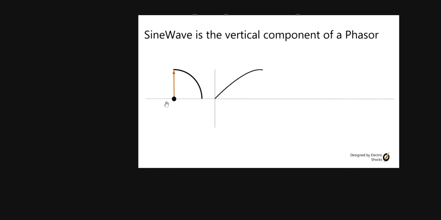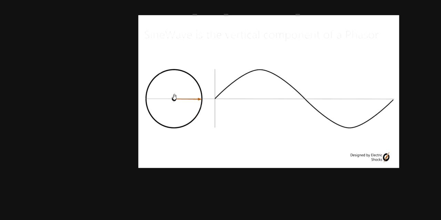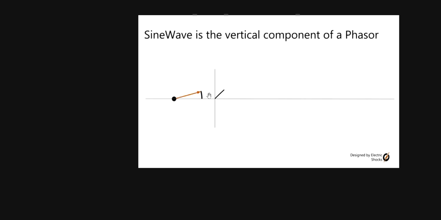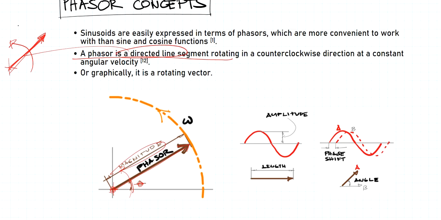So you can see here we have a fixed point at the center, then it's rotating counterclockwise. Somehow that rotation is related to this waveform. Okay, so that directed line segment is what we call the phasor.